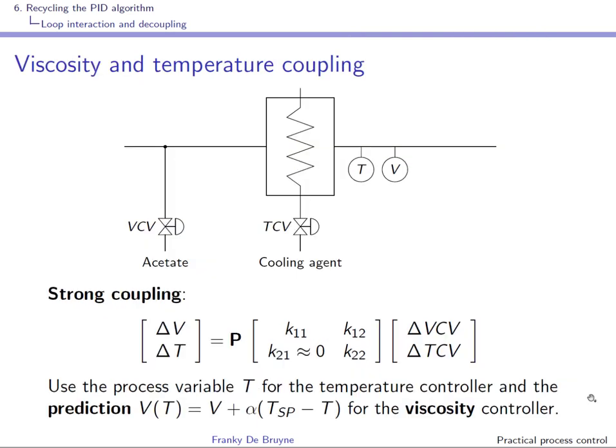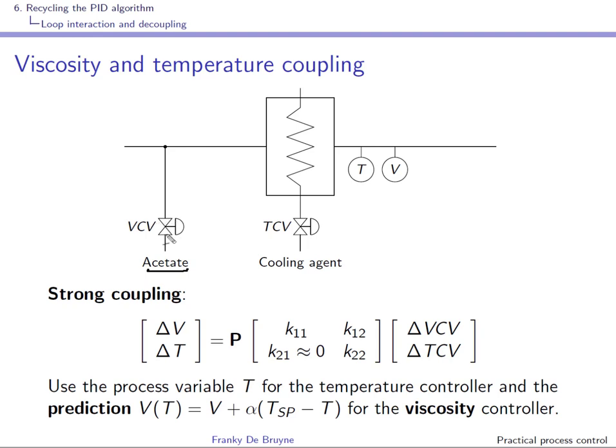Well, let us consider the following statically coupled process. We have a product that goes through a heat exchanger, and at the exit of the heat exchanger the temperature is measured and the viscosity is measured. Both quantities have to be controlled. To influence temperature and viscosity we have two inputs. The first one is used to add acetate, and this acetate will influence the viscosity.